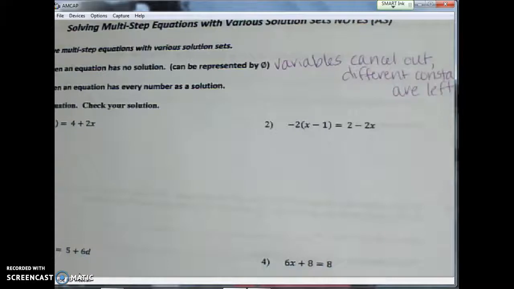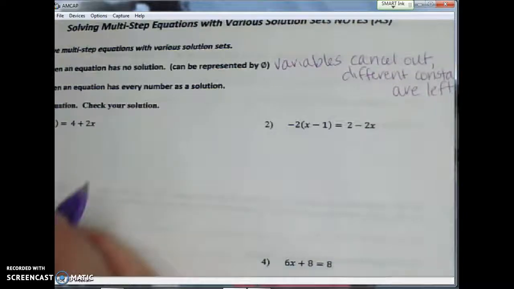Now, identity is when an equation has every number as a solution. So no matter what you put in, every number is going to be a solution. And the reason for that is that it's going to be the exact same expression on both sides.